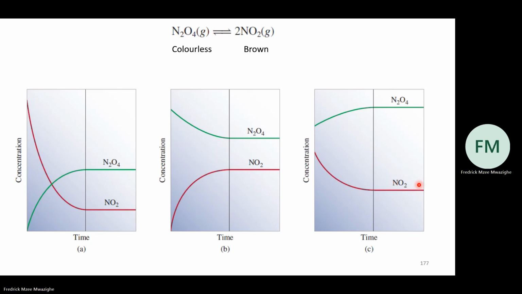Now, if you look at these three examples, notice that equilibrium concentrations are not the same. They vary depending on how much of the species you begin with at the start of the reaction.